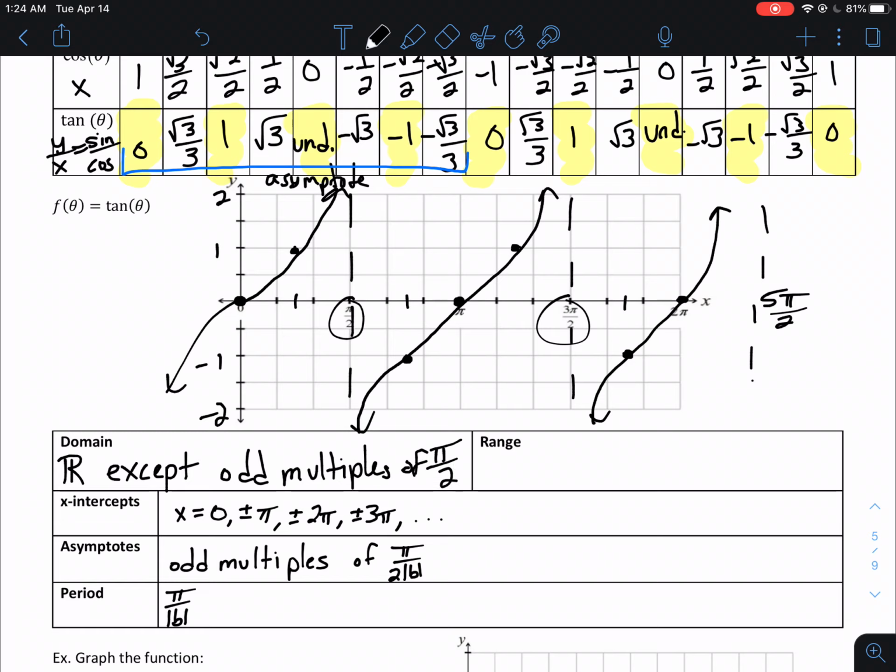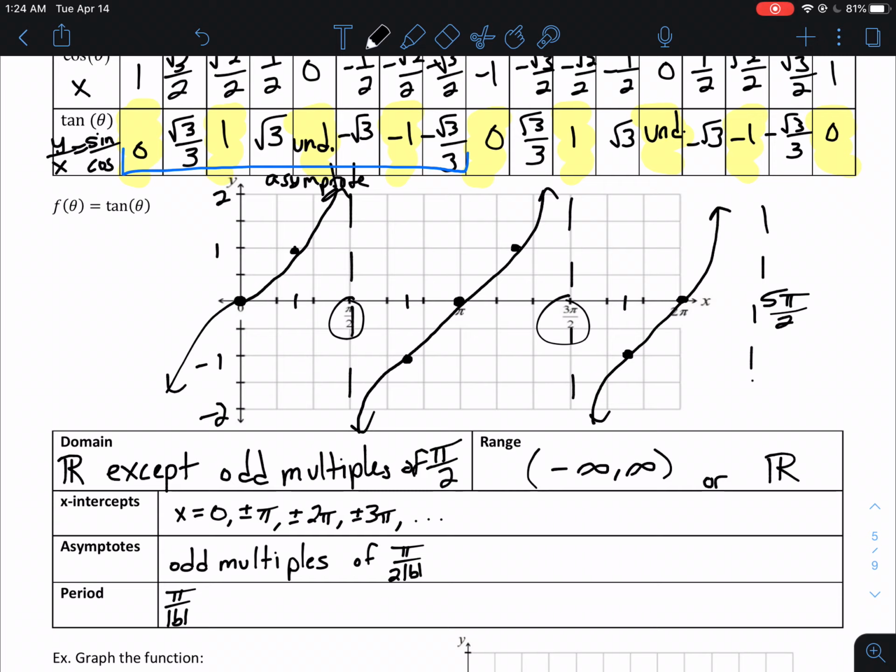So everywhere except for those odd multiples, so 1, 3, 5, 7, 9, or even going back to the left, negative pi over 2, -3 pi over 2, -5 pi over 2, all those values as well. Notice that the range isn't restricted at all. Notice that you're continuing down forever as well as up forever. So your range there is going to be negative to positive infinity. Or again, if you wanted to use set notation, all real numbers would work as well.